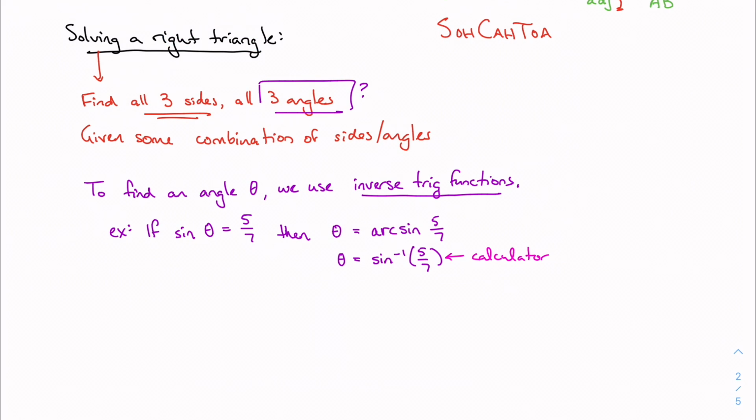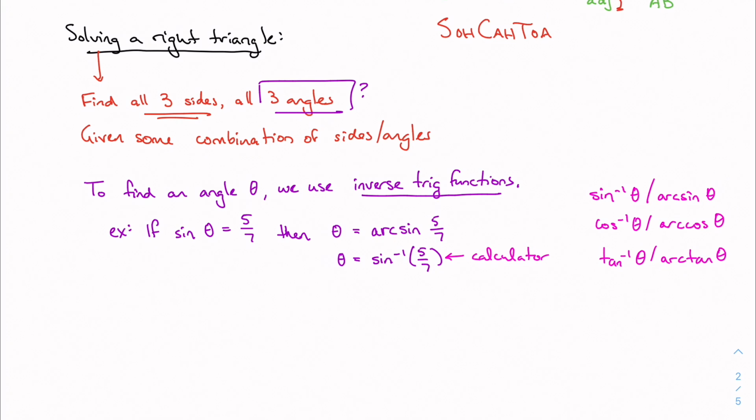And we have these for all the trig functions, right? So if I have sine, I have sine inverse, and I have arc sine. I have inverse cosine, and I have arc cosine. I have inverse tangent, and I have arc tangent.